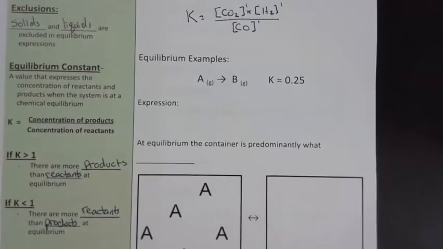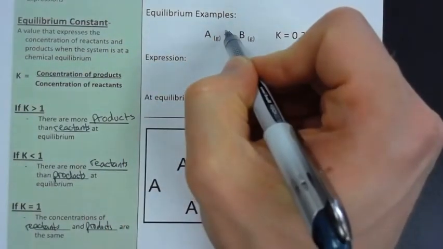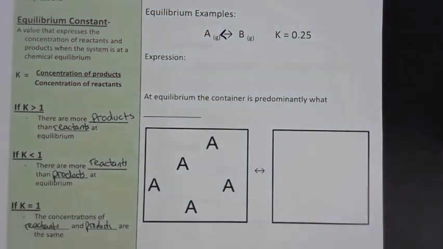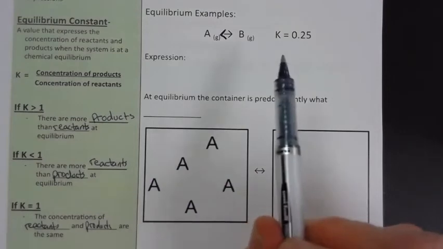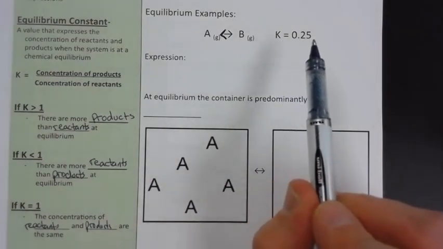So what does all this mean? Right? If we have this equilibrium reaction, A forms B, and at the same time, simultaneously, B goes back to form A, and we're told that our K value is equal to 0.25. Okay?